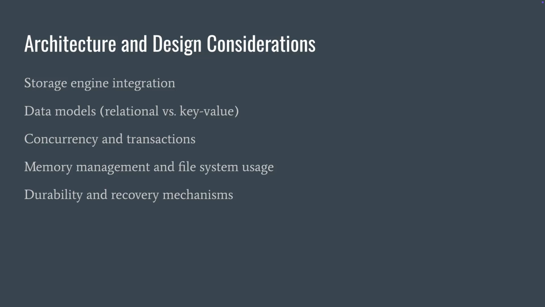Lastly, durability and recovery mechanisms are key considerations. If the environment is subject to power failures or the application needs strong ACID guarantees, many embedded databases use write-ahead logging or other journaling techniques to ensure data integrity.